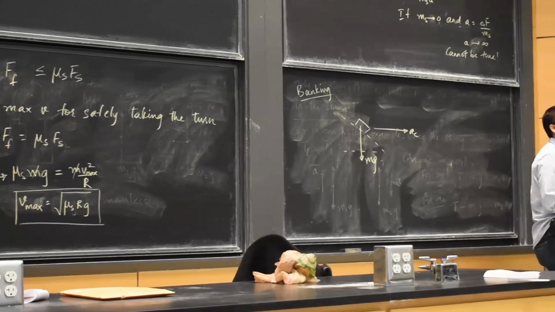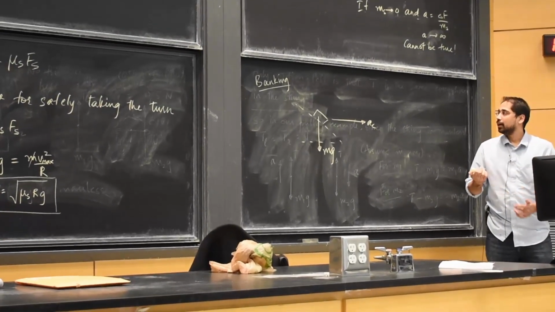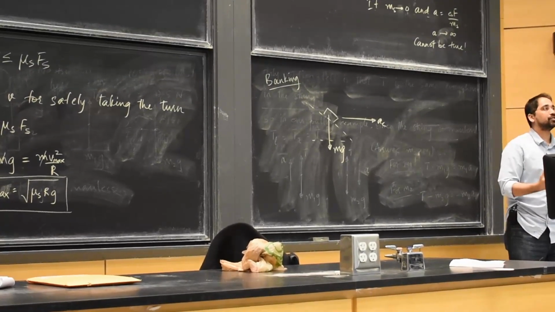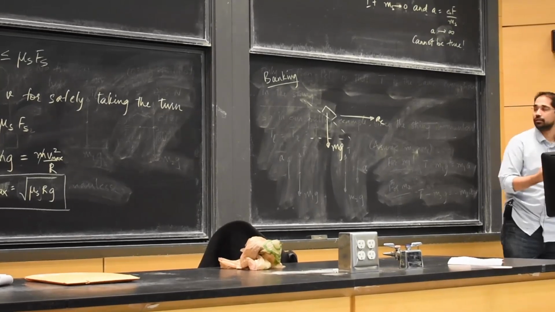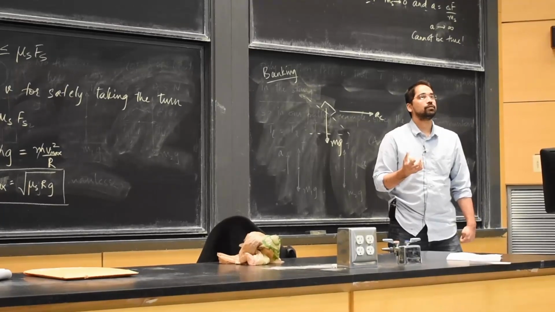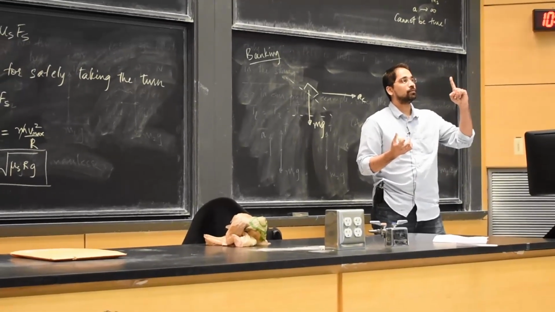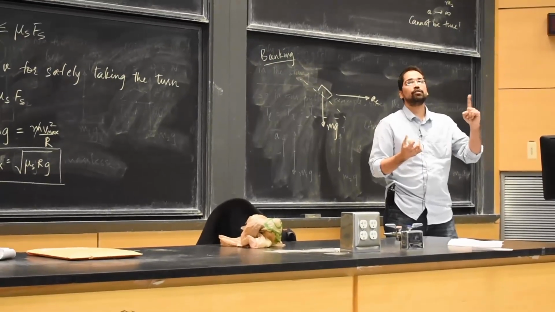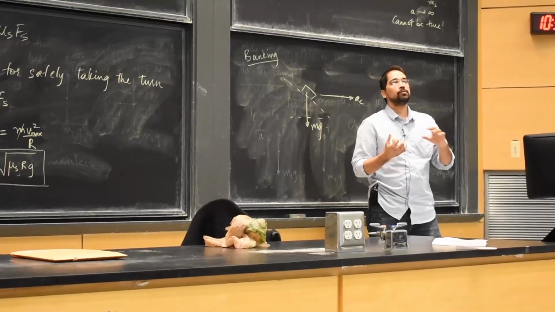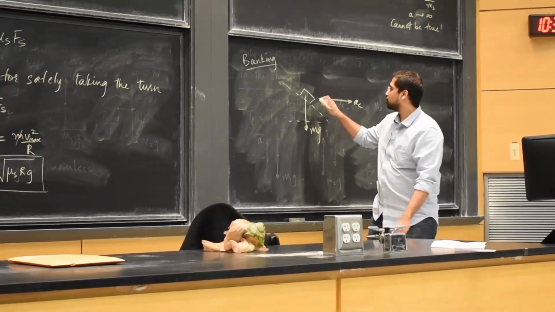Gravity still pulls me downwards. I assume I have no friction, and you'll see that it is possible to take a turn on this sort of road. Even if there is no friction, if you have just the right speed, you can take a turn. How would the normal force look? Vertically up? What is the meaning of the word normal? Normal means perpendicular to the surface. So the normal force looks like this.